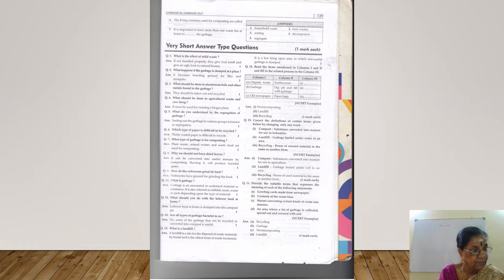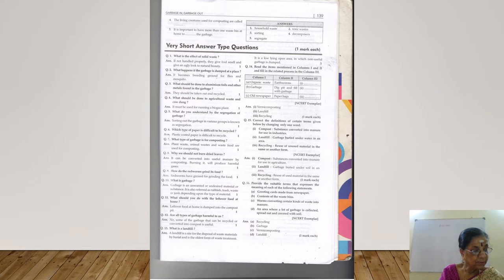You can refer to our book; I have given it in the question bank. Compost: converted into manure for use in agriculture. Landfill: garbage buried under the soil. Recycling: reuse of used material in the same or another form.